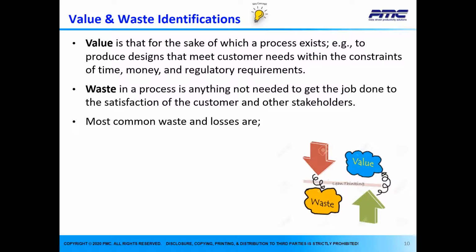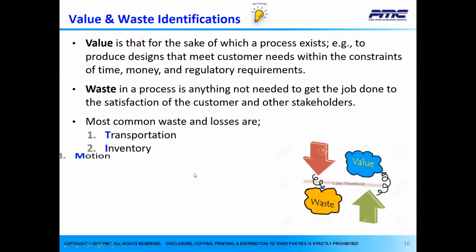Most common waste and losses are, first, transportation. This is when we're moving people, products, and information. Next one is inventory. This is when we store parts, pieces, documentation ahead of requirements.